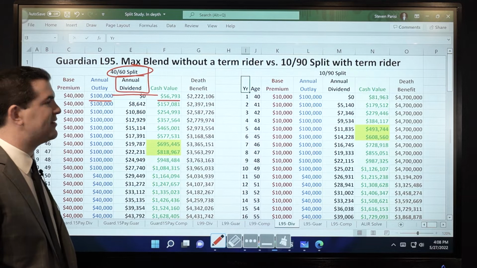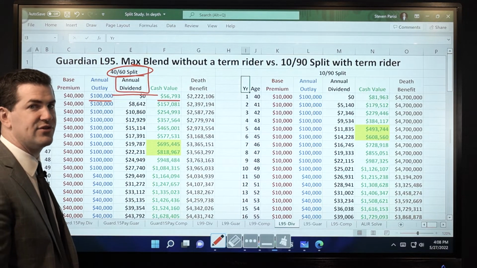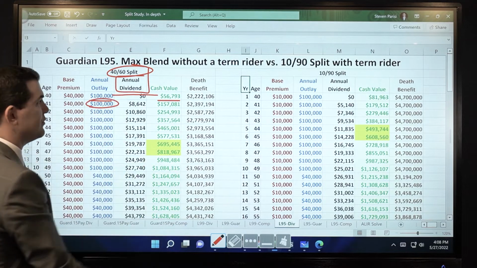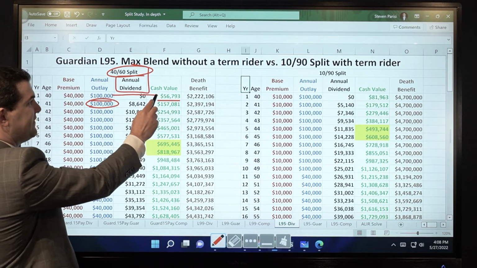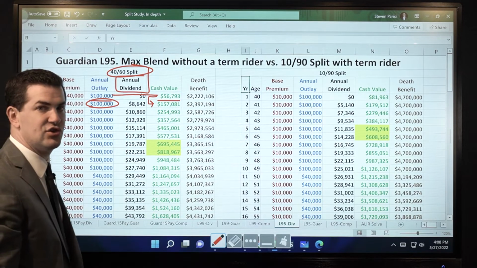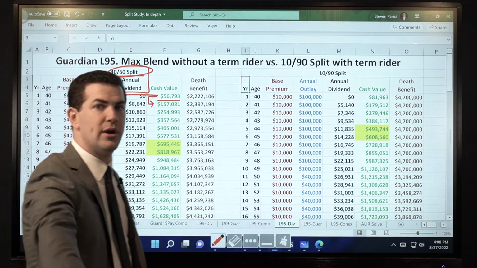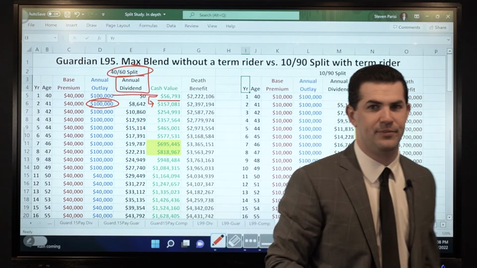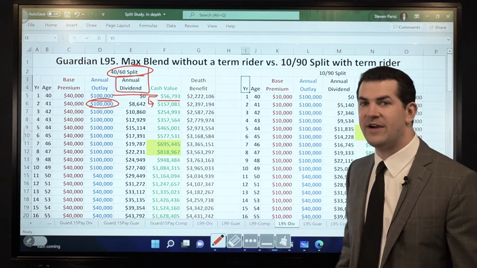You've got almost $57,000 in cash value. Year 2, you pay in $100,000. You're at 56 and change. It grows to 157 and change, meaning you get your $100,000 back and a little bit more on top of it. This is that L95 product.